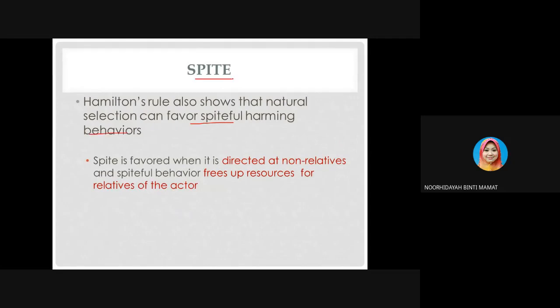In the previous lecture we were talking about both getting harmed. Spite is favored when it is directed at non-relatives, and spiteful behavior frees up resources for relatives of the actor.